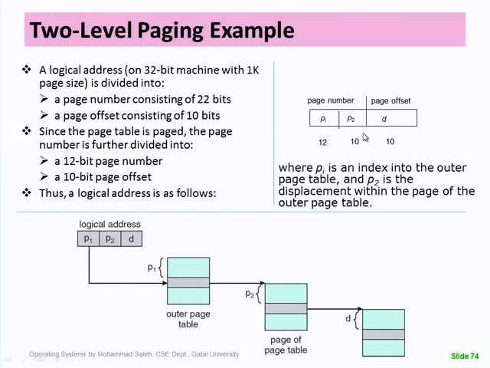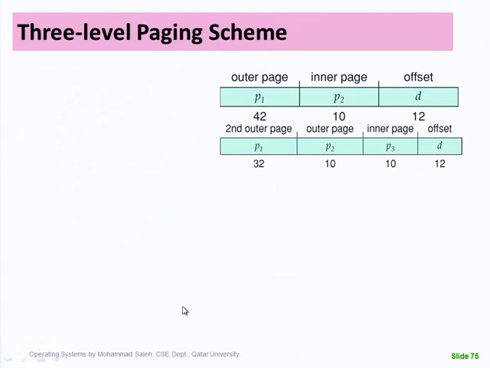And in each one, I have what? 2 to the power n, right? And here I have what? 2 to the power 10, right? In terms of the size of the page itself. Okay, so this is the inner and outer. This is another representation where I would have a 3-level hierarchy. So I have offset, inner, outer, and then a second outer as well. That's the concept.